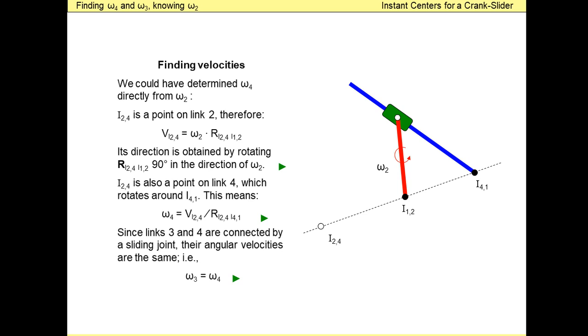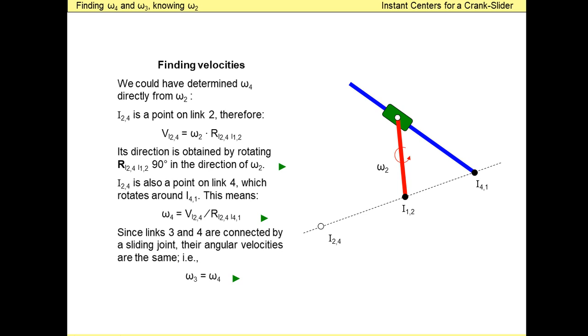Next, now we know the velocity of the output link, omega 4. So we are going to follow a different method to determine the output link angular velocity. I24 is assumed to be lying on link 2.